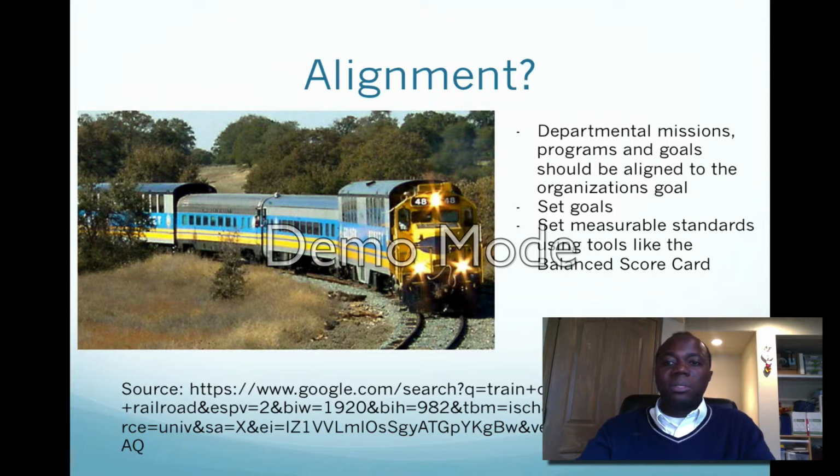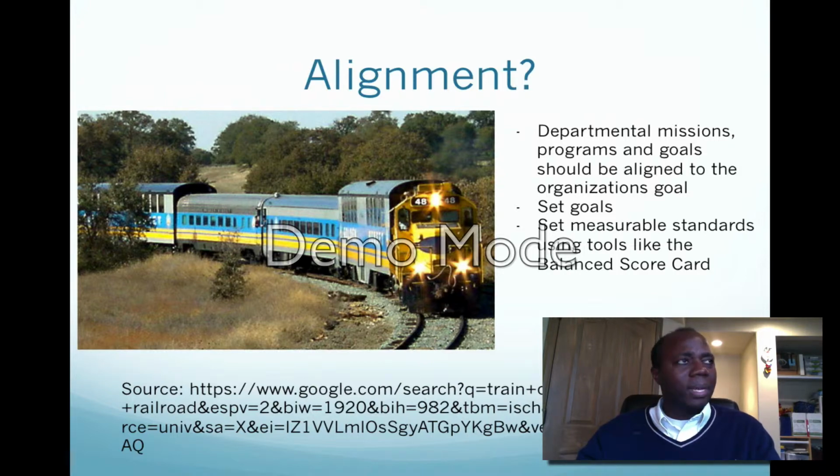If those departmental goals, missions, and visions are not aligned to organizational goals, there will be some sort of misalignment. Therefore, as instructional designers, ensure that your instructional designs within your departments are aligned to organizational goals and objectives.